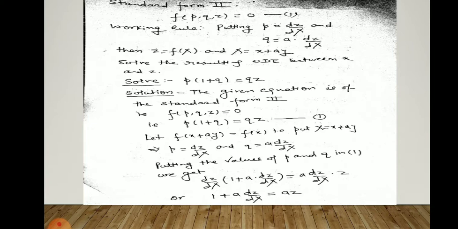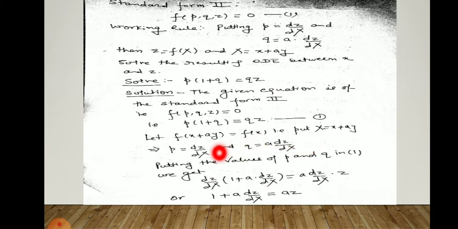Let z equal f of x plus ay, that is f of capital X. So whenever we put capital X is equal to x plus ay, then clearly from equation number 1 we can put p is equal to dz upon dX and q is equal to a dz upon dX.